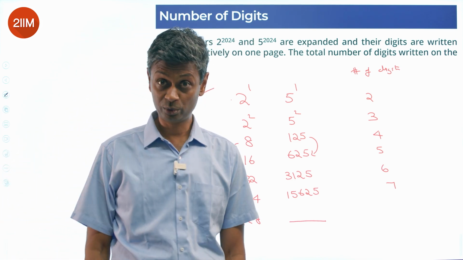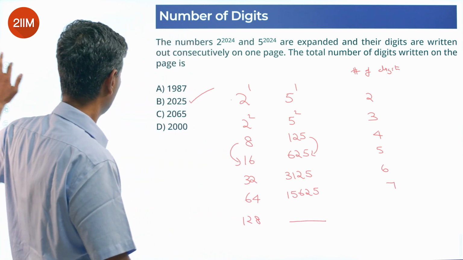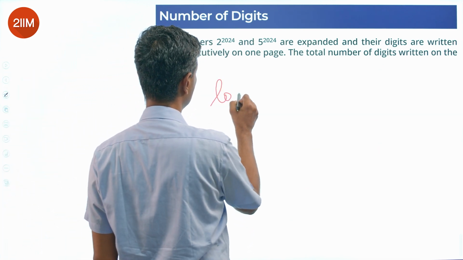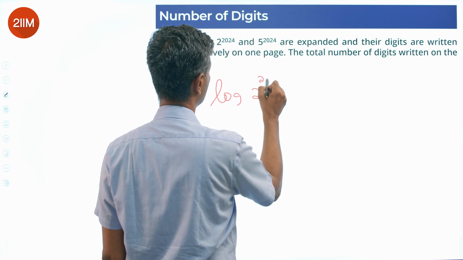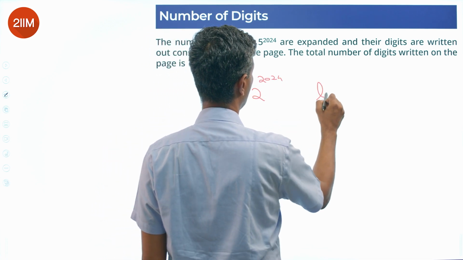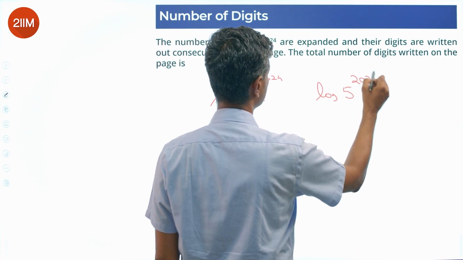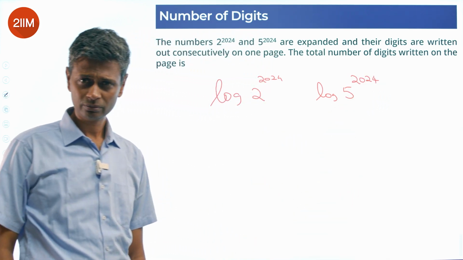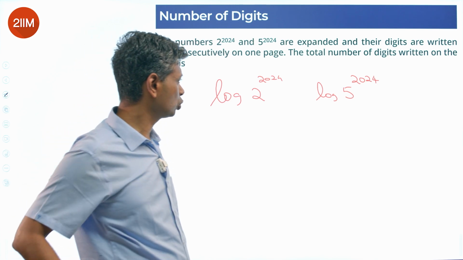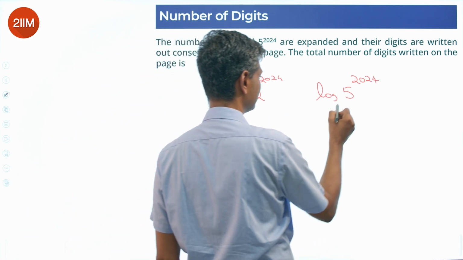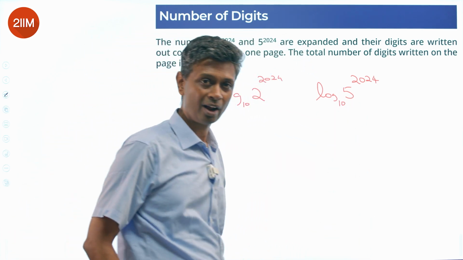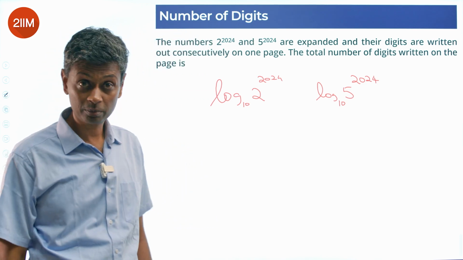We say, hey, how do we do this? Fine. So we say, let me do log of 2^2024, log of 5^2024, both to the base 10. Then we'll think about what this becomes.